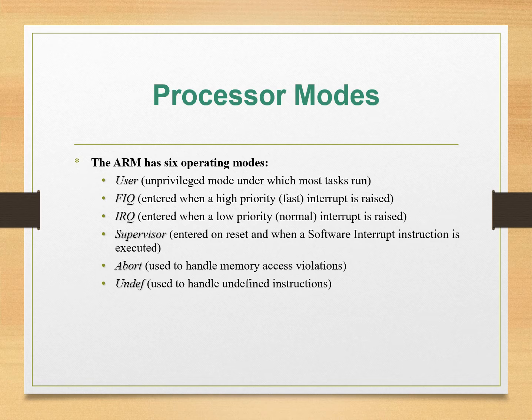This is an interrupt mode. IRQ is entered when a low priority or normal interrupt is raised. Then we have supervisor, entered on reset. When you push the reset button, it is supervisor mode. When a software interrupt instruction is executed, it will also go to supervisor mode. So supervisor will take over the processor.